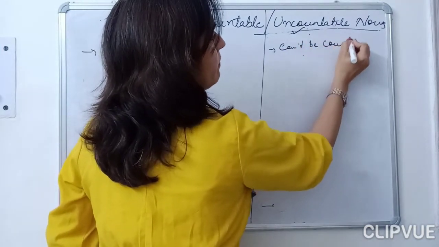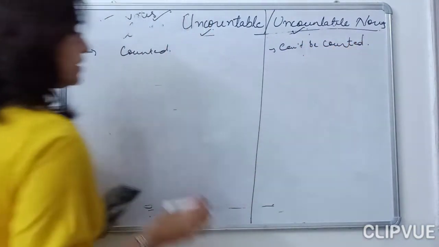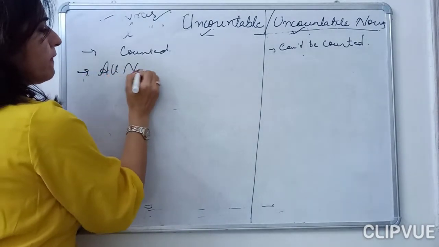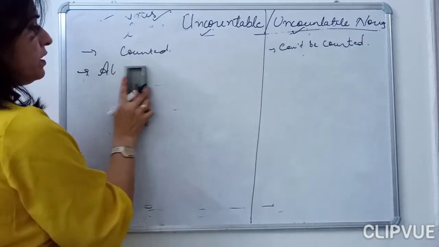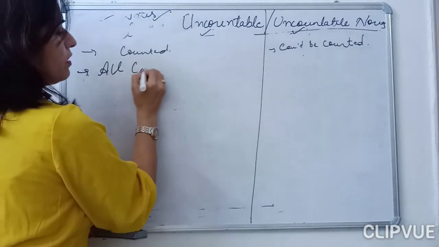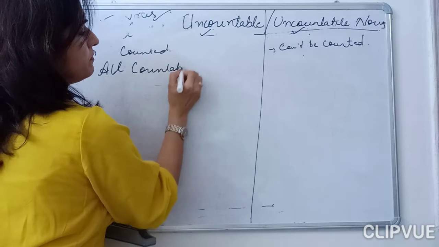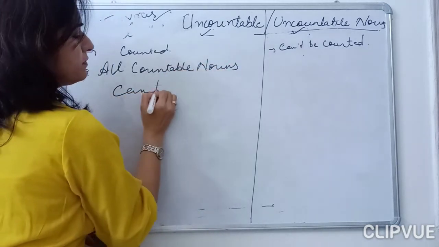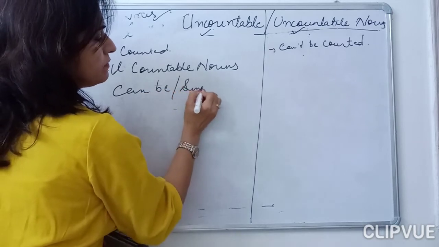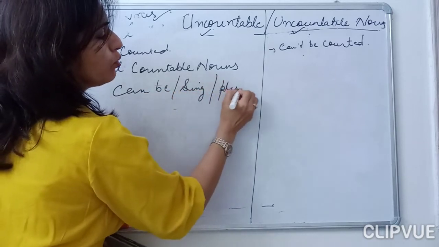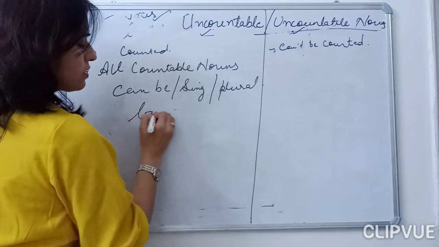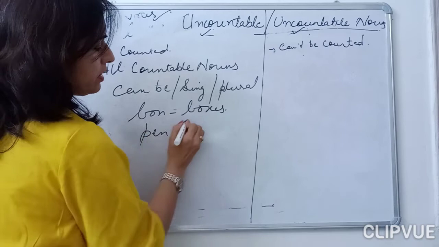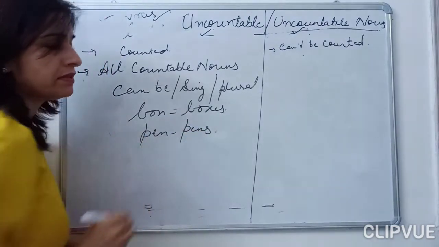Secondly, all countable nouns can be singular and plural, like box, boxes, pen, pens, children.